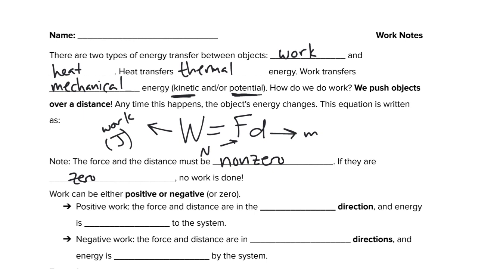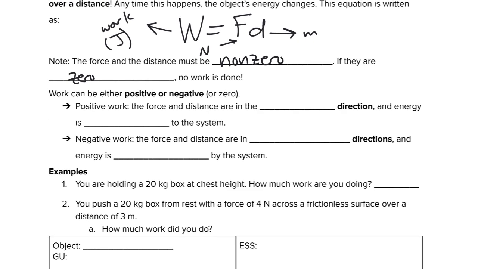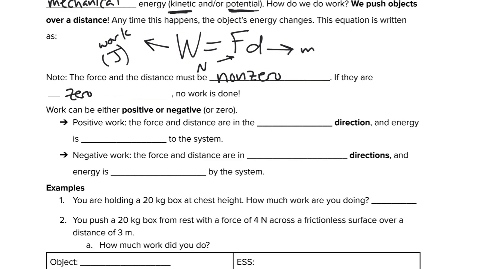Okay, so the other options besides no work being done is that work can be positive or negative. We've looked at this a whole lot over the past few days, but there are some extra conditions here today. So for positive work, the force and the distance are in the same direction. And usually when I'm in the classroom, I show some physical demonstrations of this, but I'm not there, so I can't do that.